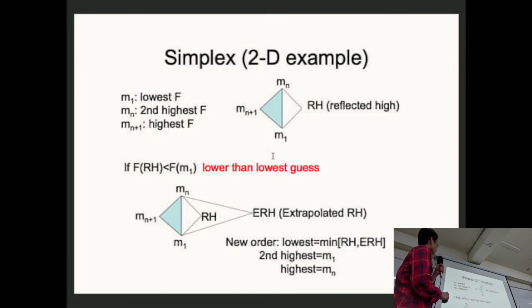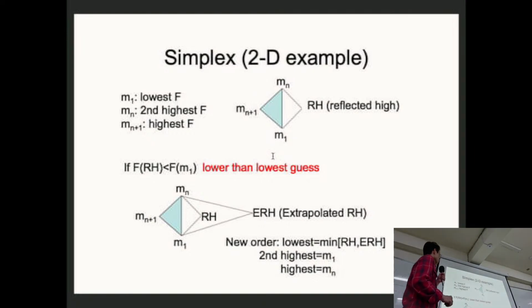So if the condition is like that, then we make a guess, an extrapolated point. Usually you can arbitrarily make it maybe 2 or 3 times this distance. Okay, anyway, we're going to search, right? So this is arbitrary, to make that extrapolated point.